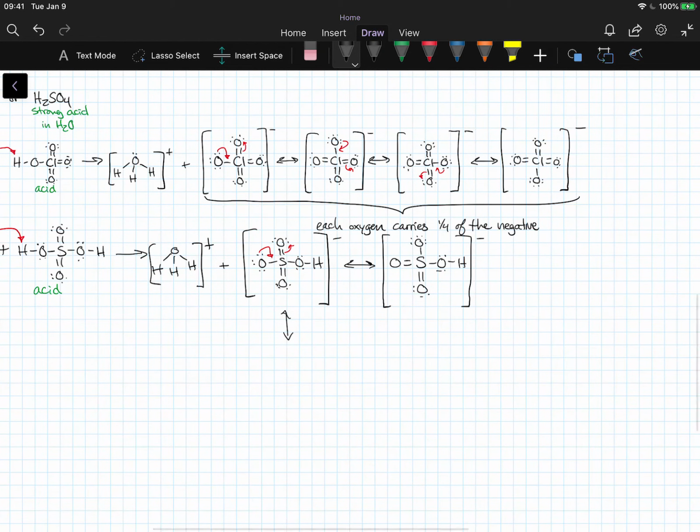And then the other only option is if this lone pair comes down and forces that double bond up into a lone pair. And so we end up with this Lewis structure.